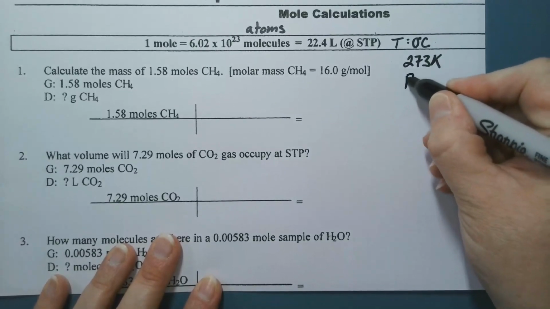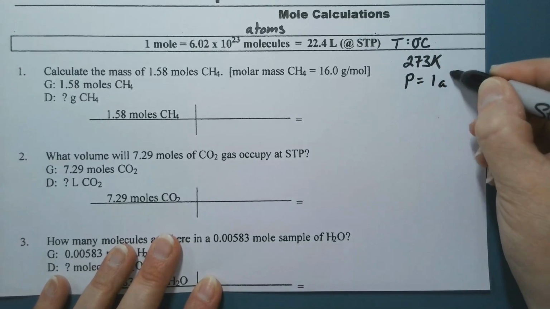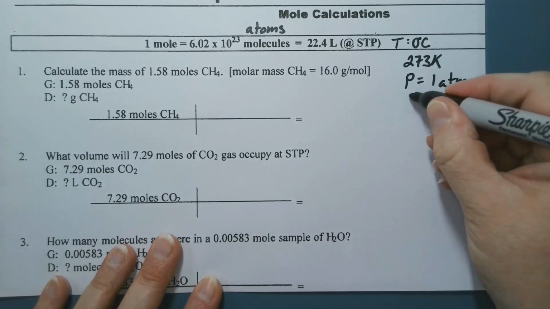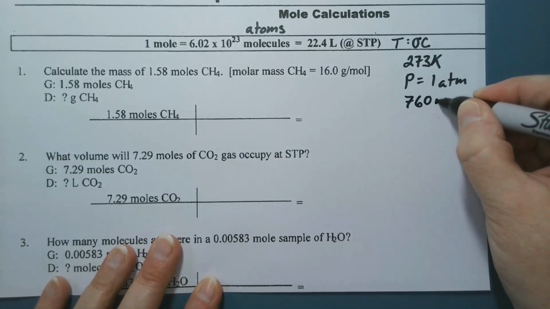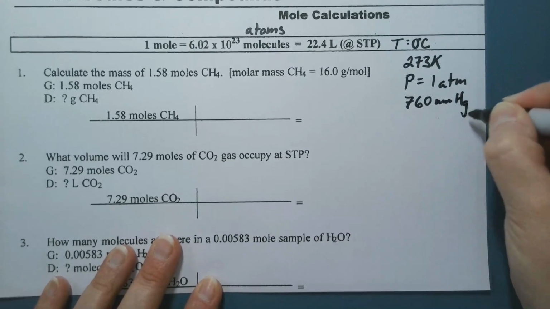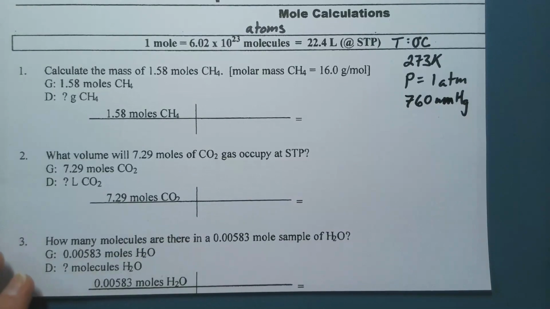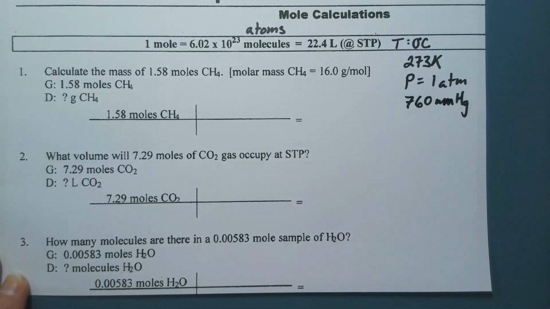The pressure is 1 atmosphere. Okay. Another way for pressure to be expressed is 760 millimeters mercury. Okay. All right. So now that we have those definitions, it's going to say at STP. So we don't need to know these right now, but it's helpful just to point them out.